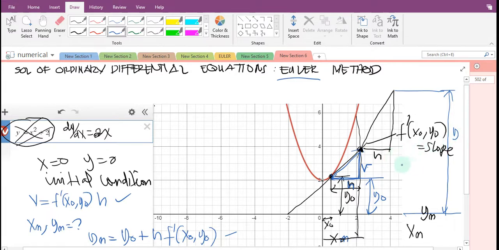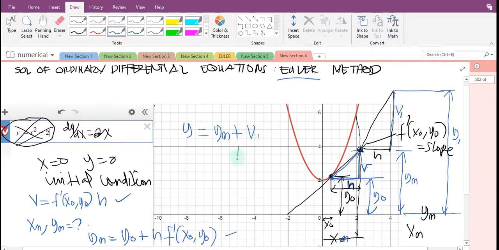This y can be determined by adding this distance, let's call it b1, plus the earlier one. This is the yn from before, which is equal to y0 plus b. So our y1 here is equal to yn plus b1.